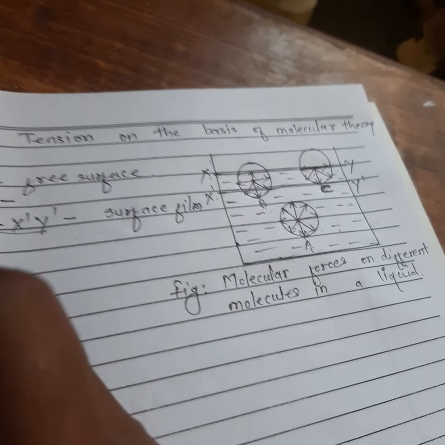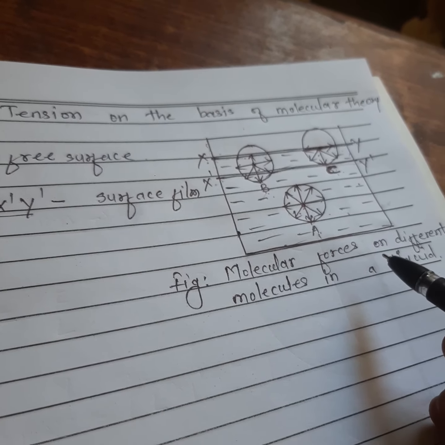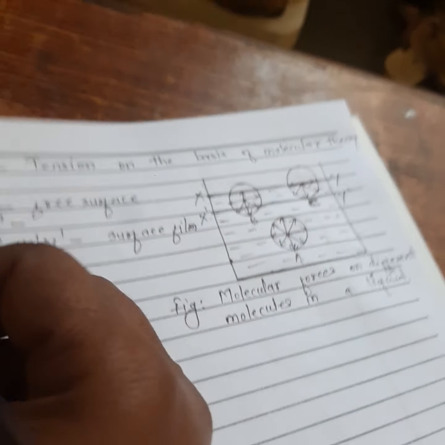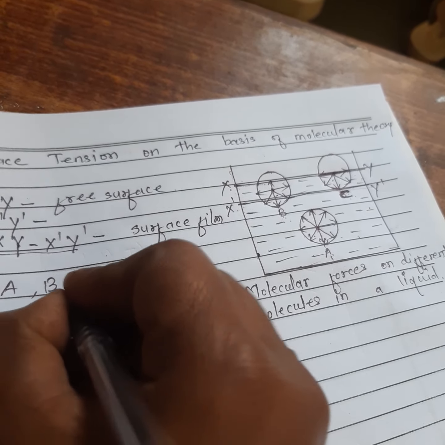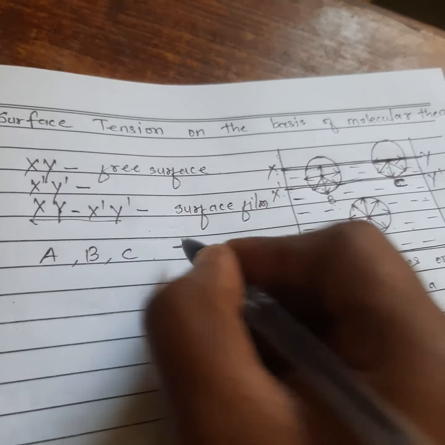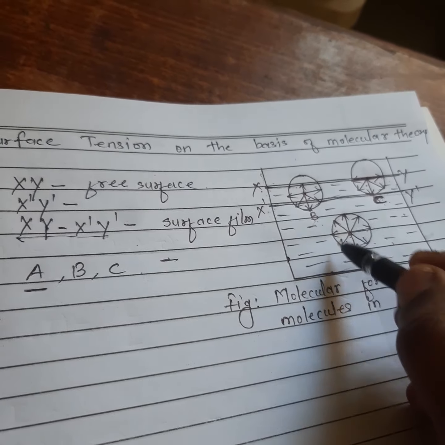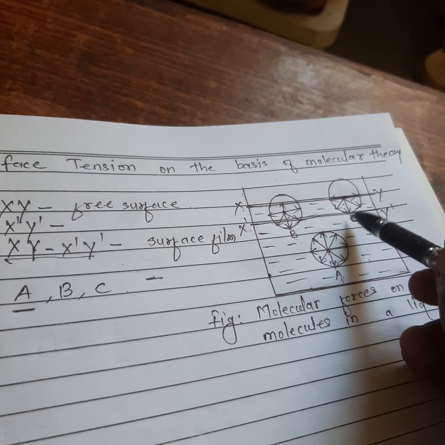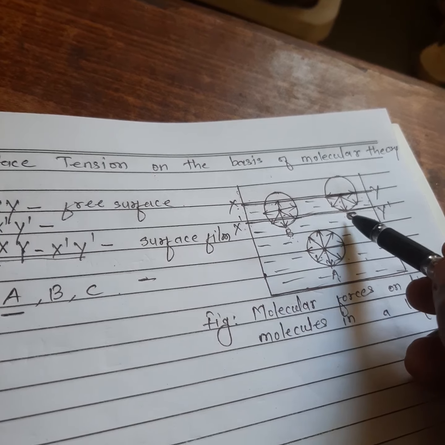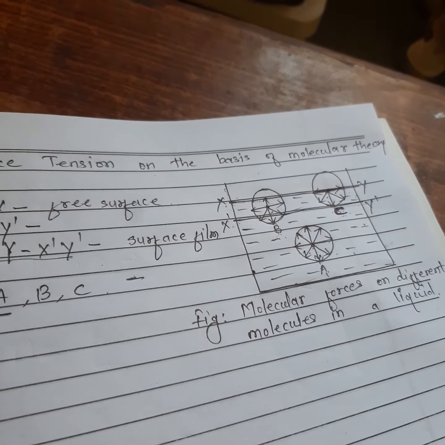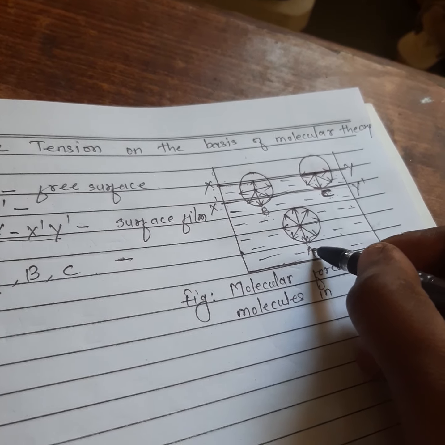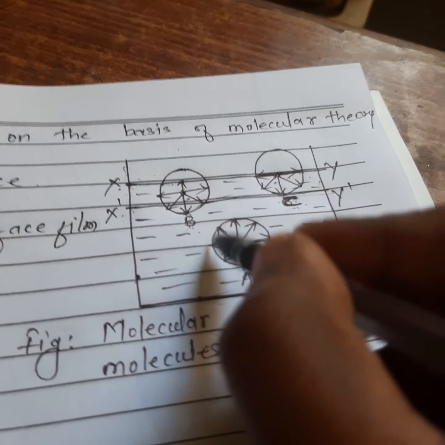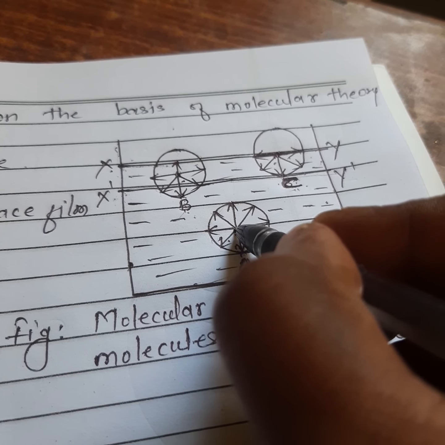Now, to understand molecular forces of different molecules of liquid, consider three molecules A, B, C, such that molecule A is inside the liquid and molecule B and C are inside the surface film as shown in figure. Consider molecule A, as this molecule A is inside the liquid.